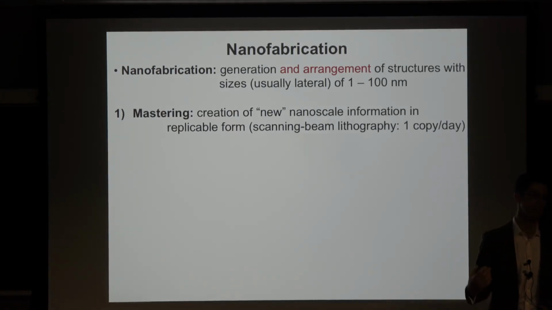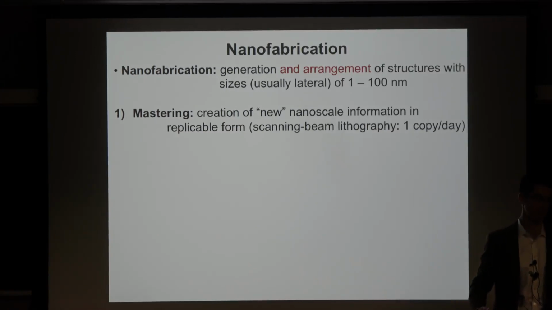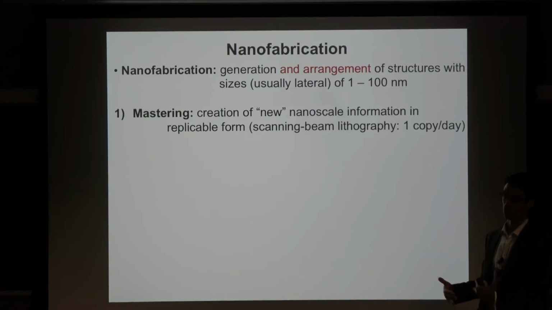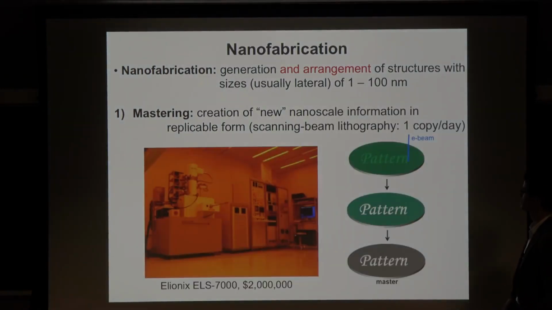So you can actually make lines in polymer electron beam resists, like a photoresist, but it responds to electron beams instead of, or in addition to, photons, to make structures that are 5 to 10 nanometers even in lateral dimensions.